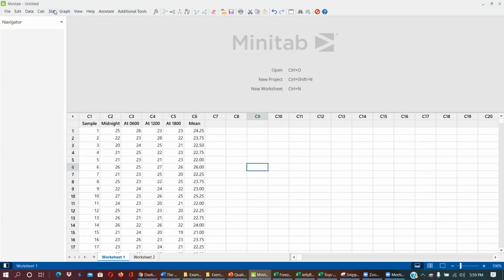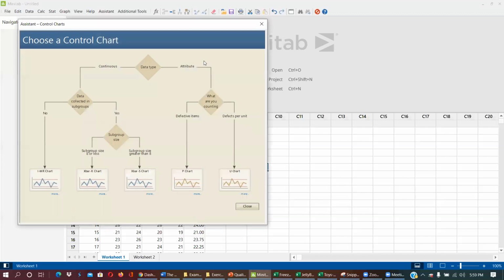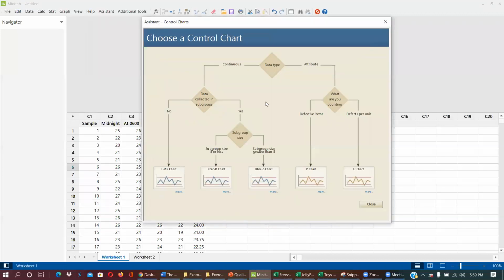Let me go under Stat. We can go under Control Chart also. Now we have to see the data type, continuous or attribute. Continuous, you can use IMR chart, X bar chart, X bar R chart. Data collected in subgroups?